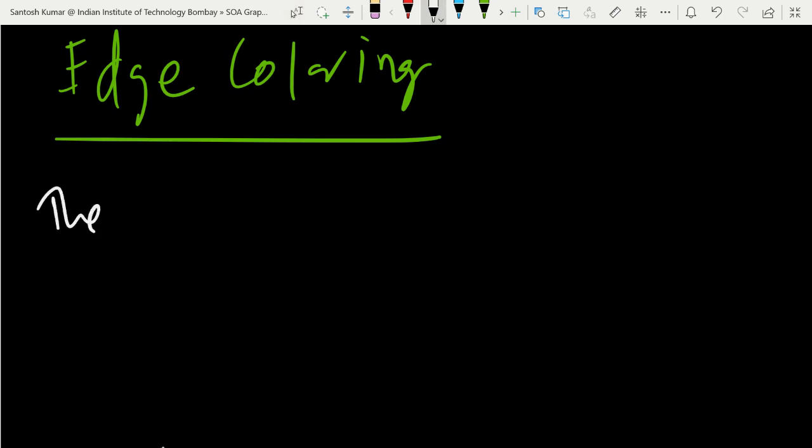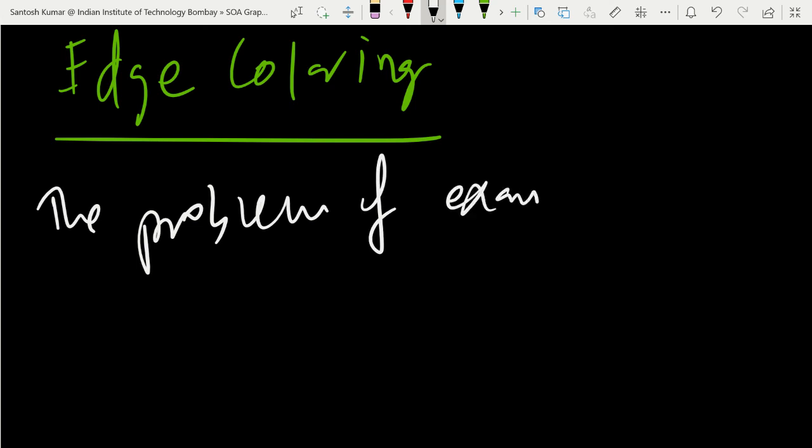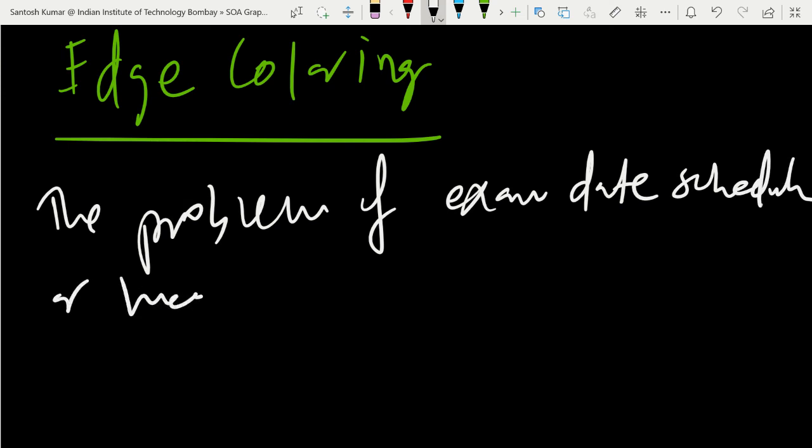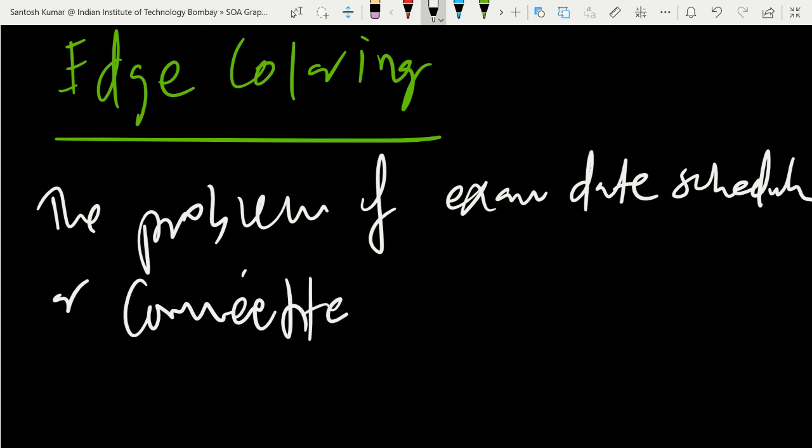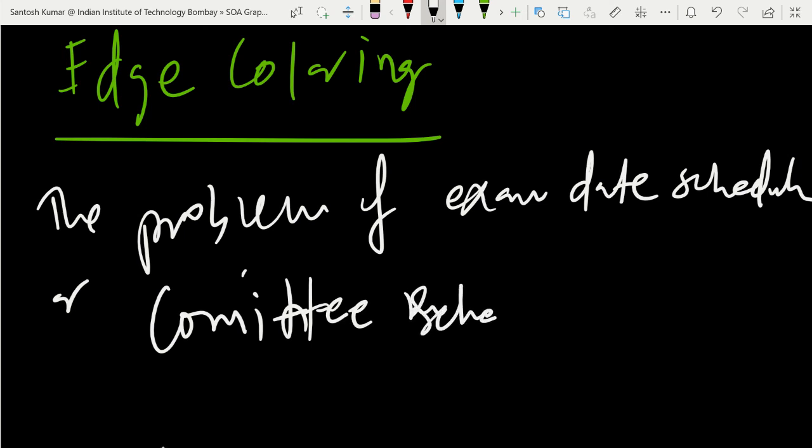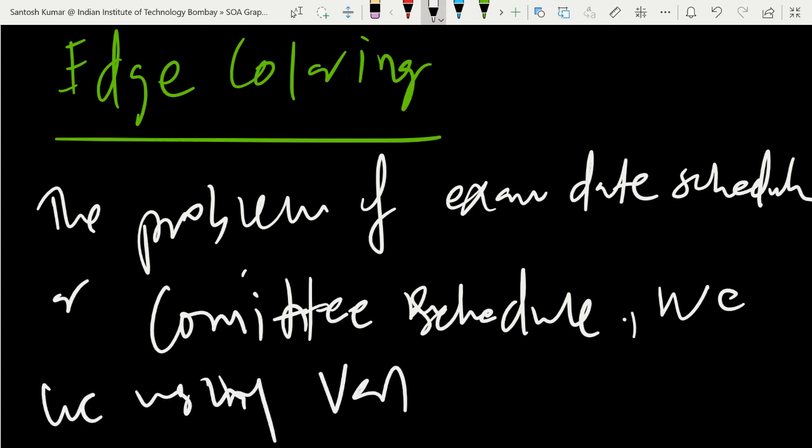Before writing the definition, you can note that for the problem of exam scheduling or committee meeting scheduling, we were using vertex coloring.